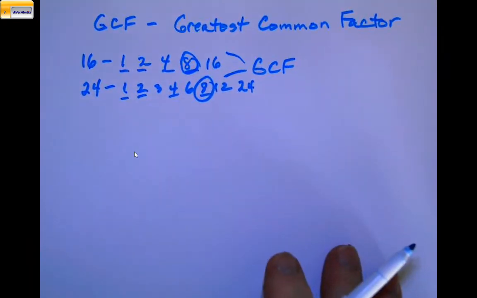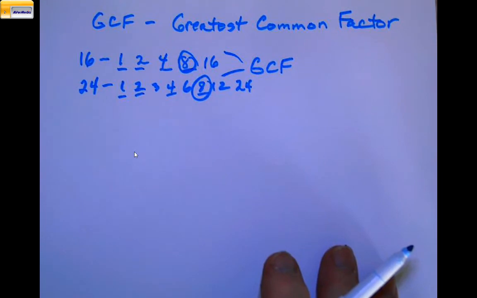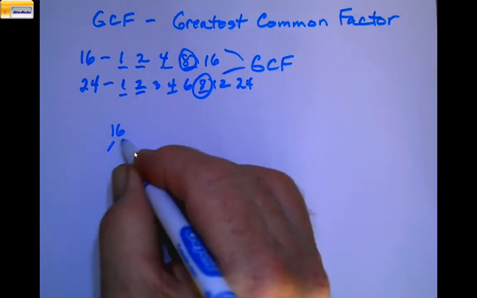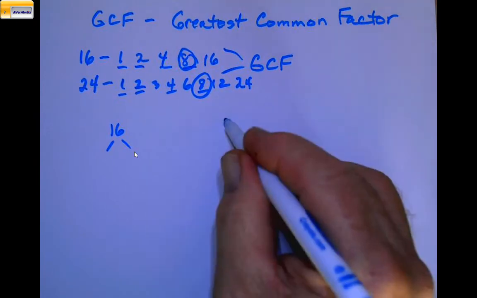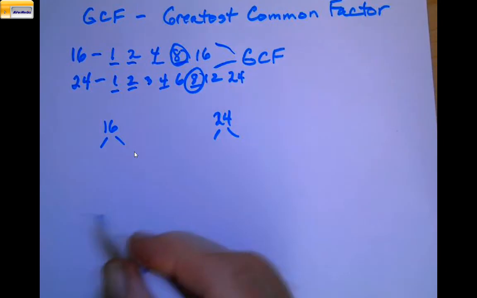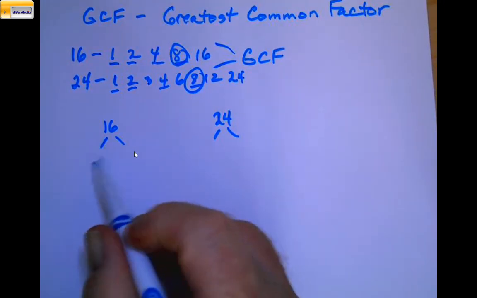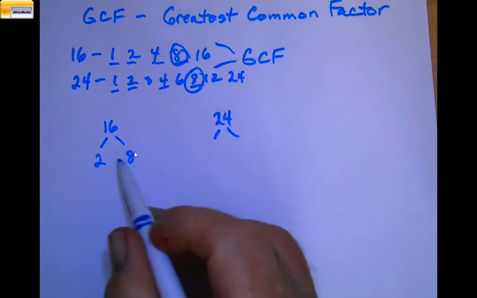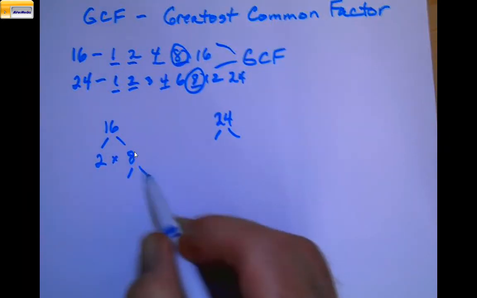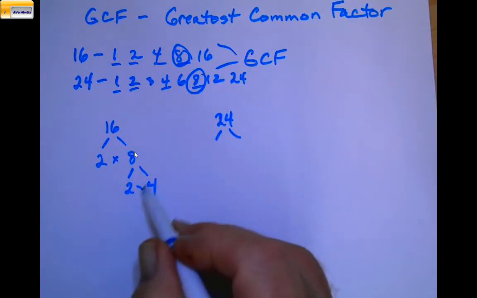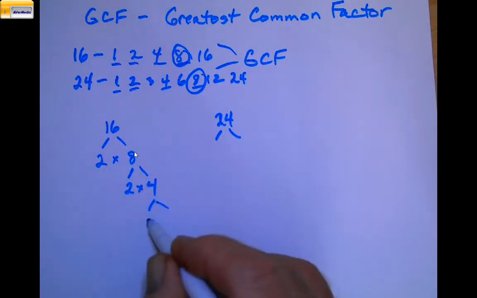Another way to get greatest common factor is to factor both of these down to your prime numbers. So with 16, I can start with 2 times 8. 8 is 2 times 4, and 4 is 2 times 2.